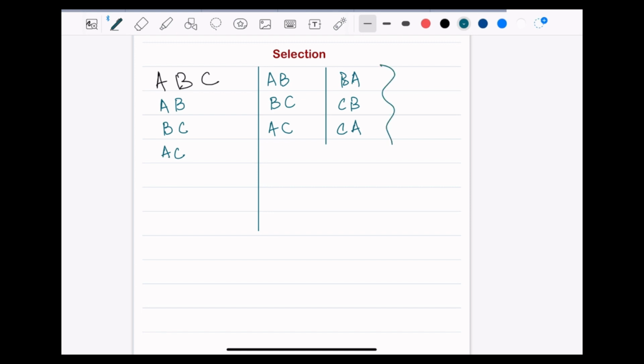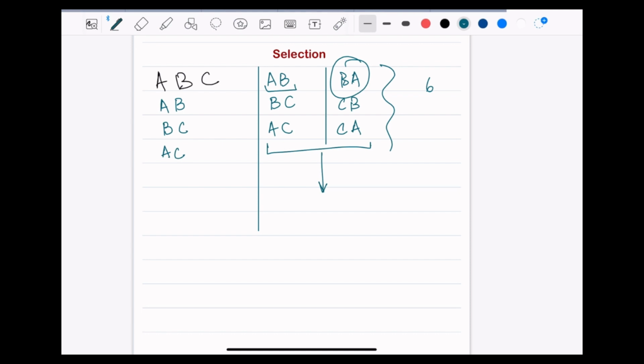Now there are a total of 6 arrangements as we see if we look at the arrangement. But that A and B are in the team is what matters. No matter which position or whichever name is called out first, that does not matter. What matters is whether they are in the team or not.